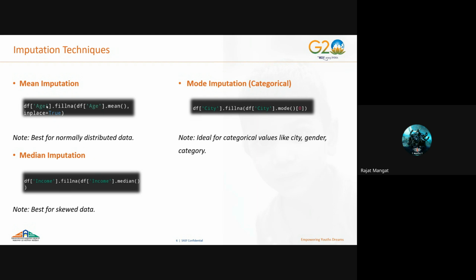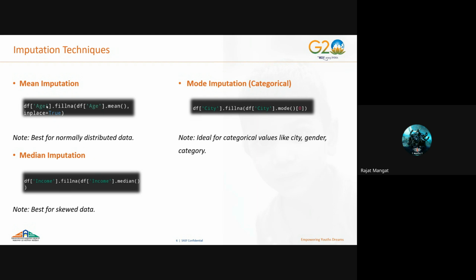So if you want to fill the age column with the average age, you can use mean. Median is basically the middle value of any set of data. So if you want to fill the missing values of the income column with the middle income, then you can use median.